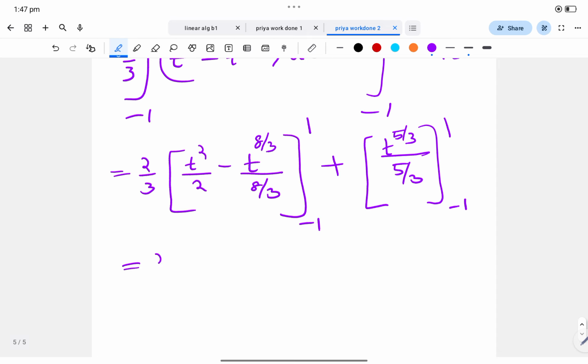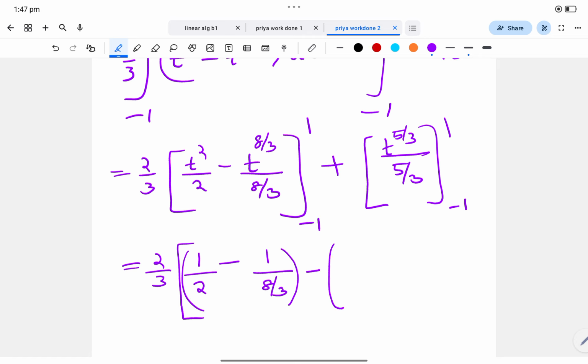So this is equal to 2/3 times: giving the upper limit 1, it will be 1/2 minus 1 over 8/3, minus, now substituting the lower limit, (−1)²/2 minus (−1)^(8/3) over 8/3.